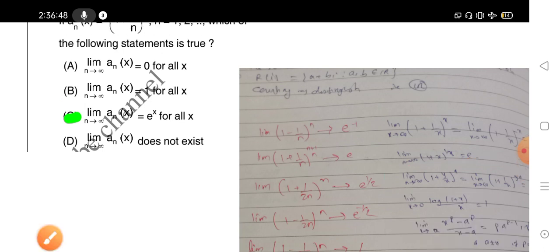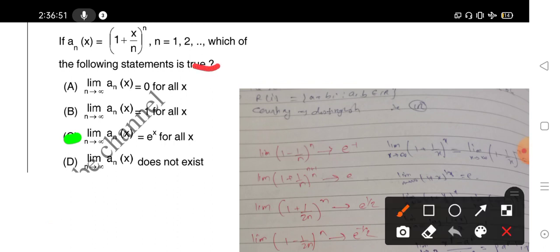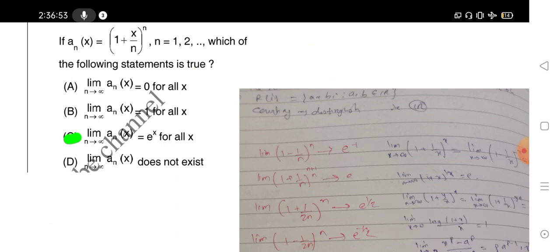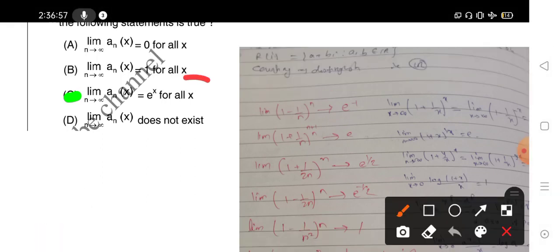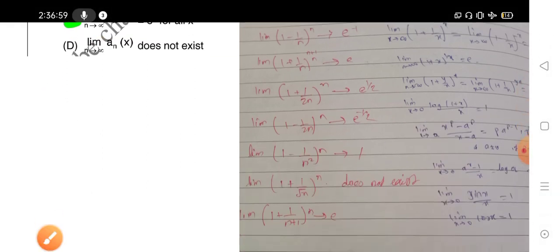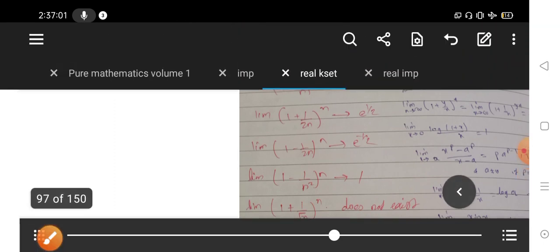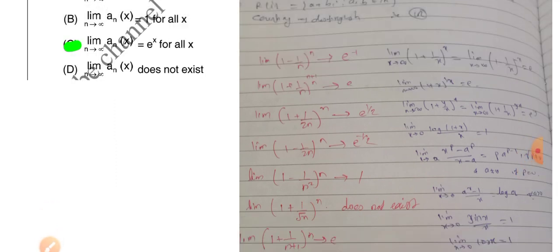Here y is given as x. So by this result we get option C is correct. This is very important.